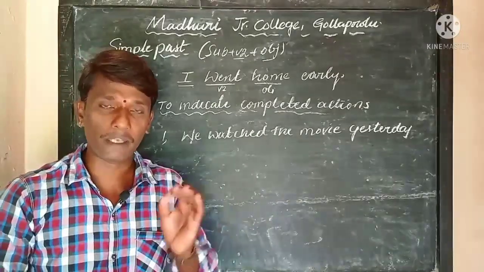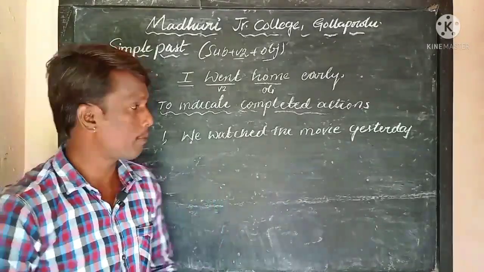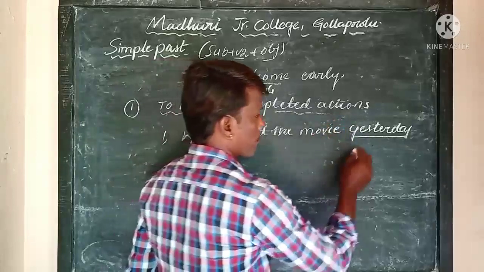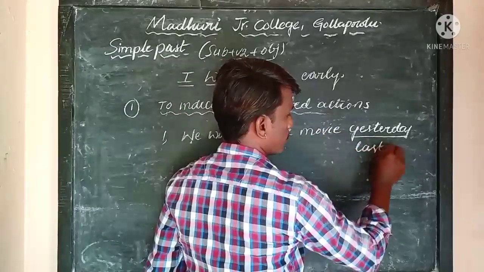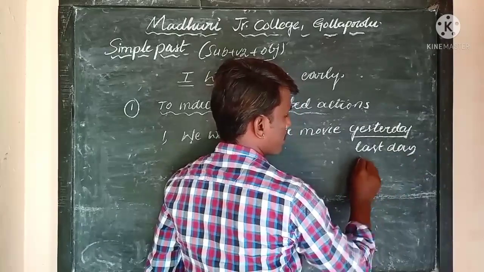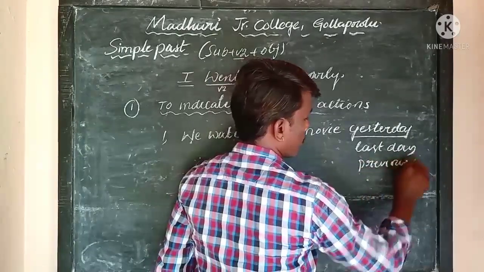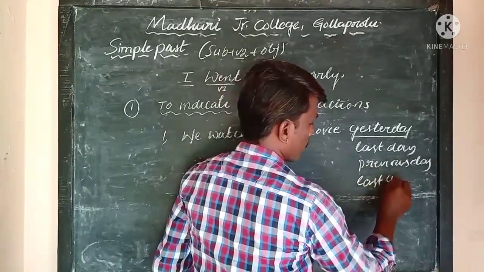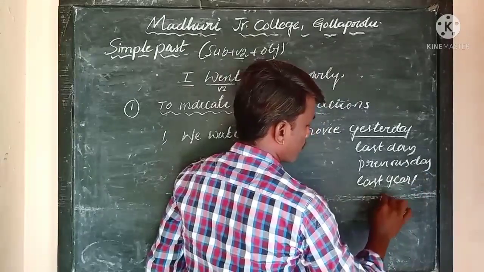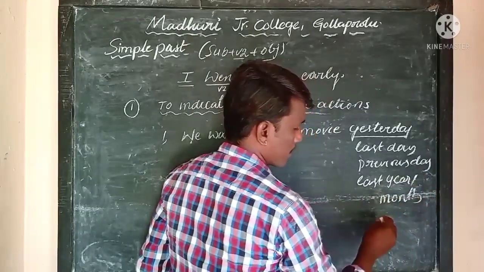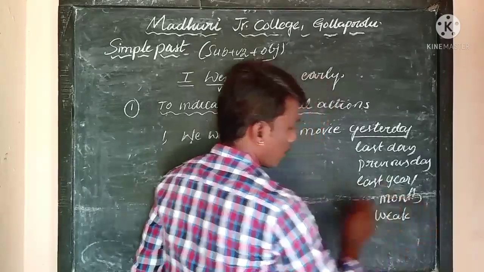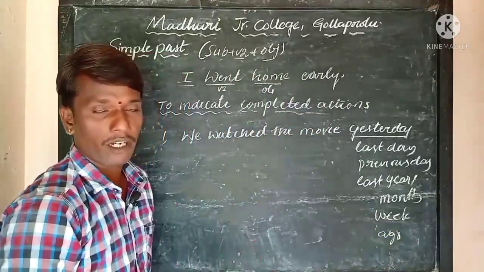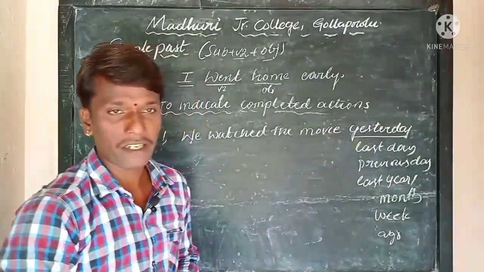It is very easy to identify simple past tense, as there are some adverbs of time like yesterday, last day, or you can write previous day, or last year, or last month, last week, ago, 1 hour ago, 2 hours ago. So this is how a simple past tense is identified.